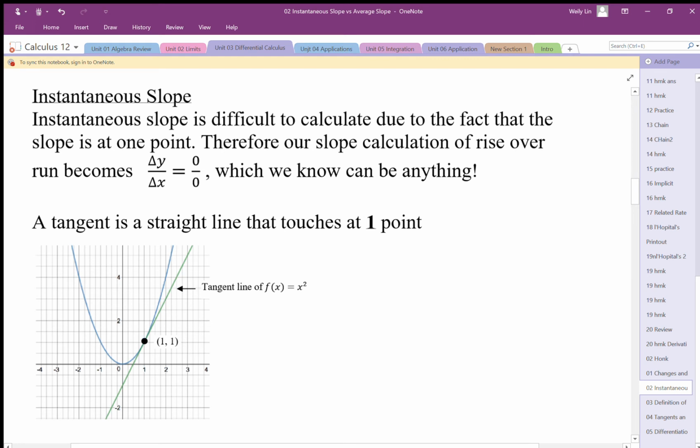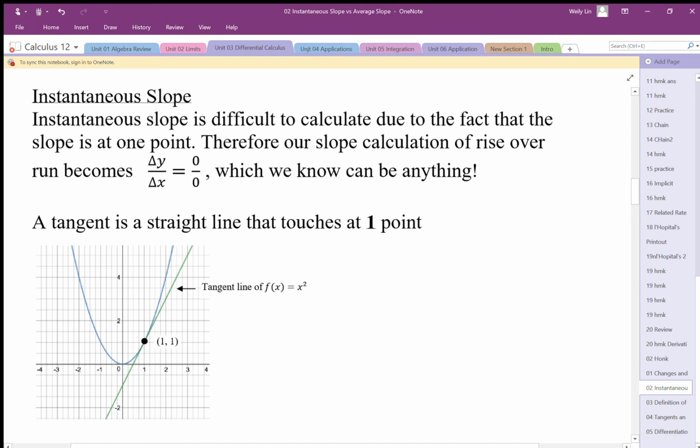But at that point, there's 0 rise and there's 0 run. So we get 0 divided by 0. And we know from our limits that 0 divided by 0 can be anything. In this case, for this particular 0 over 0, it looks like we have a slope of about 2.